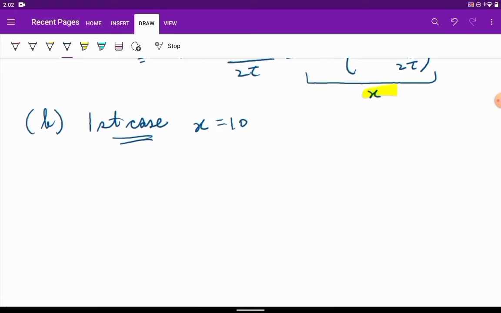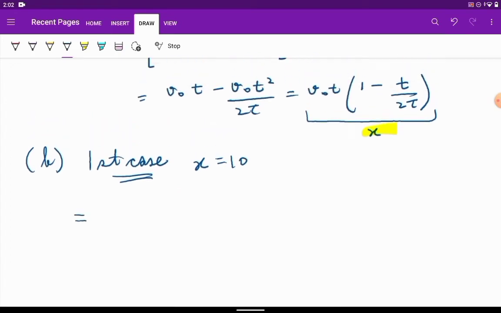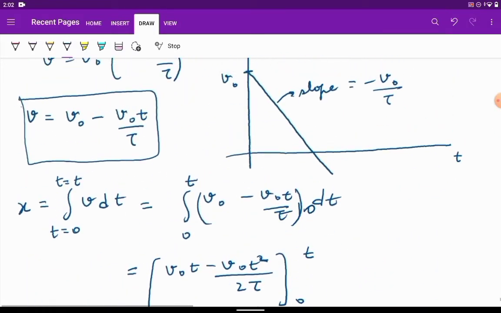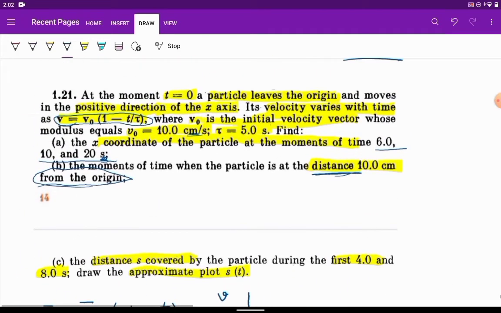First case, x is equal to 10, so this means v naught t into 1 minus t by 2 tau is equal to 10. Now we need to substitute values of v naught and tau.